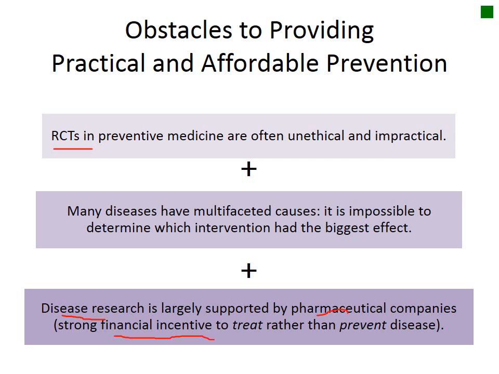We can't do what we call a prospective study on some public health practices. They have to be retrospective. And sometimes retrospective studies, although they have their limitations, have some benefits, like being easier to conduct from a cost standpoint and from a resource standpoint. The other hurdle includes that some diseases are just so multifaceted.